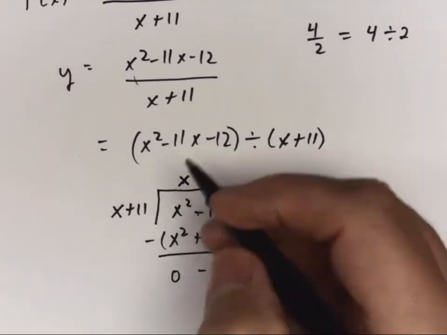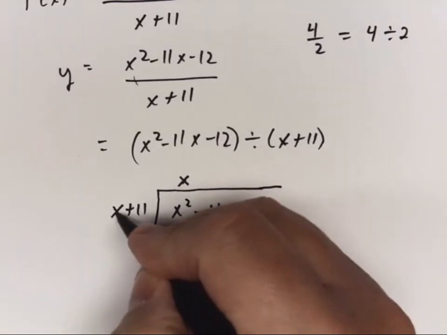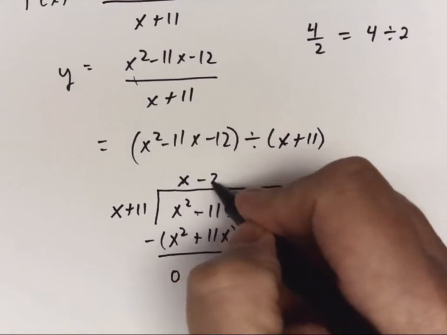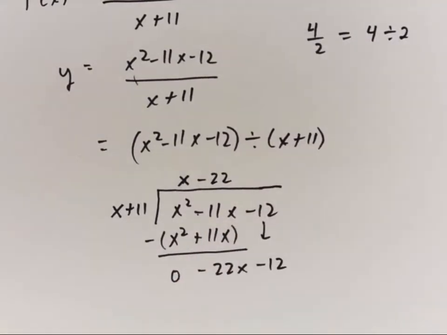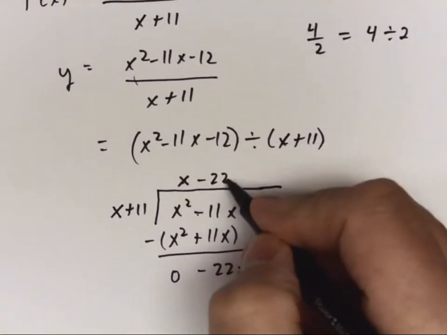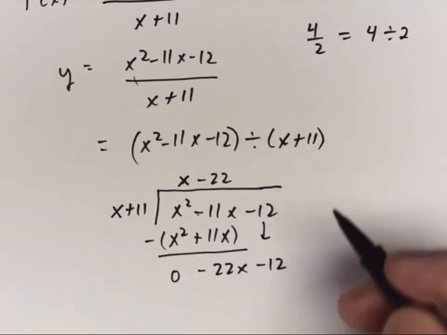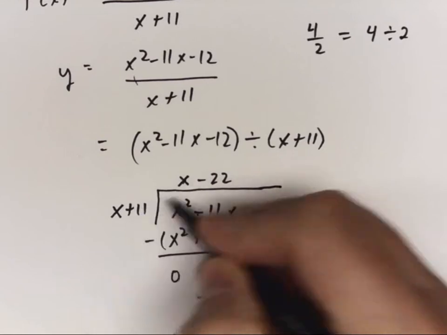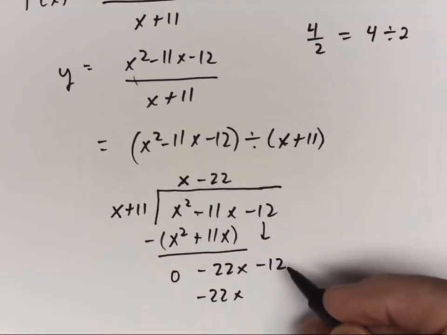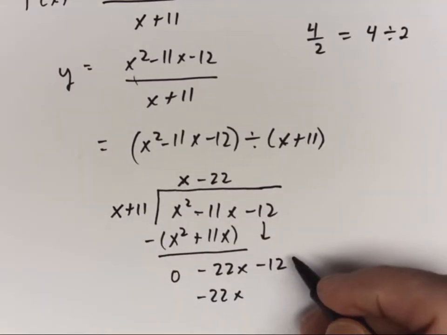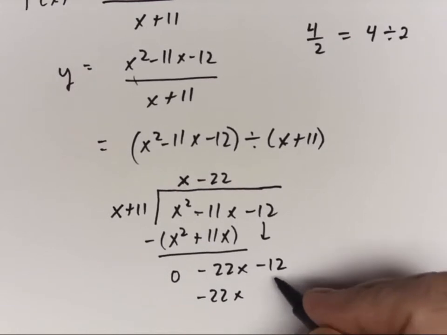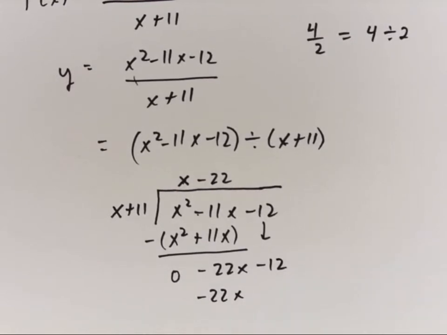And now I say, what times x would equal negative 22x? It would be negative 22. Negative 22 times x is negative 22x. Negative 22 times 11 is, I guess I have to get out my calculator.